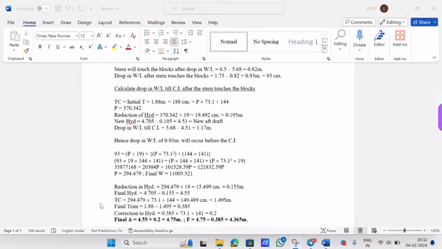Now we need to find out the trim change because we know now the ship is not fully resting on the blocks. Now we need to find out how much the trim change has occurred. From there we can find out what's the final trim at that instant. Trim change is P into LCF divided by MCTC. P we got, and LCF also we have, MCTC also we have. From there we can find out the trim change, that is 1.495. The initial trim was 1.88 and the trim change is 1.495. So the final trim will be 0.385.